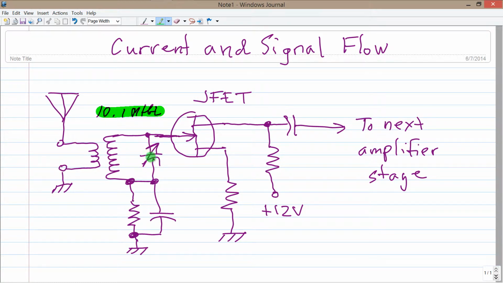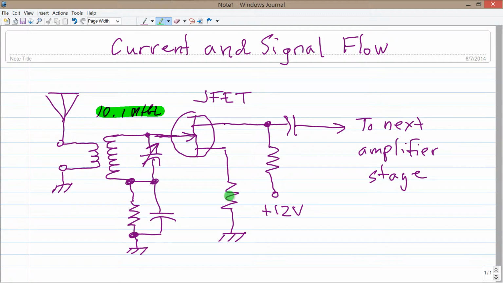The signal can pass through this bypass capacitor easily to ground on this end of the coil, but we still are able to obtain bias for the transistor through this resistor. Here's the field effect transistor. The signal flows in between the gate here and the source here.